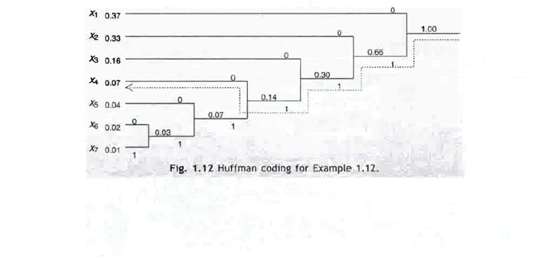The combined probability is 0.03, since 0.02 plus 0.01 is 0.03, and we assign 0 to the higher of these 2 symbols. So, 0.02 is assigned binary 0, and 0.01 is assigned binary 1.